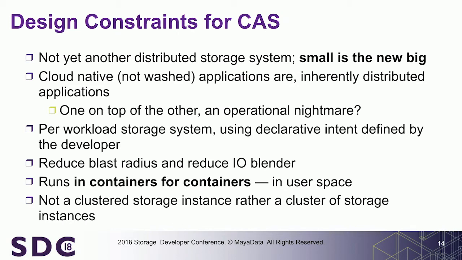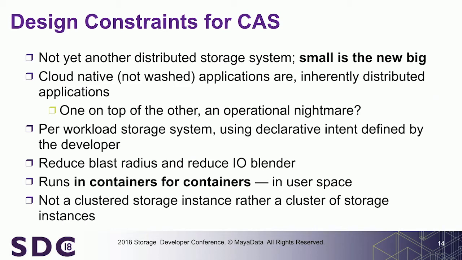Cloud-native versus cloud-washed, I want to point this out a little bit. What it means to us is that you don't just pick up your application, put it in a container, and say that you're cloud-native. There's more to it than that. So the idea is that we have a per workload storage system using declarative intent by the developer, so the developer has full control, no more friction between the departments.